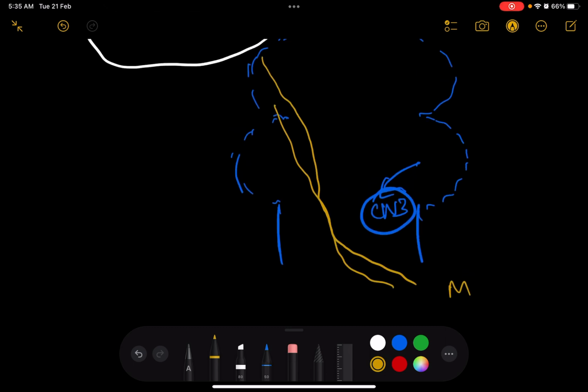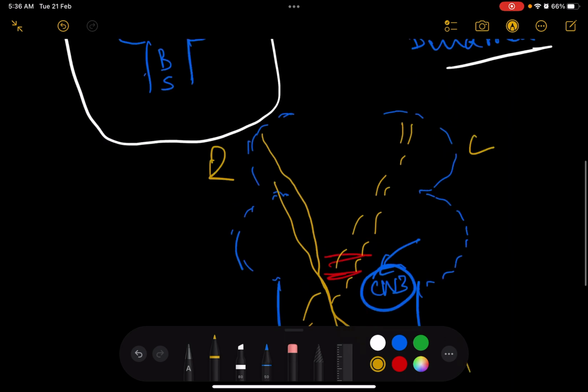Okay, they are crossing at the medulla. Now in the early stages, when the herniation is just localized to this level, okay, it's going to actually compress the fibers that are coming from this region. Okay, that is from the left hemisphere.